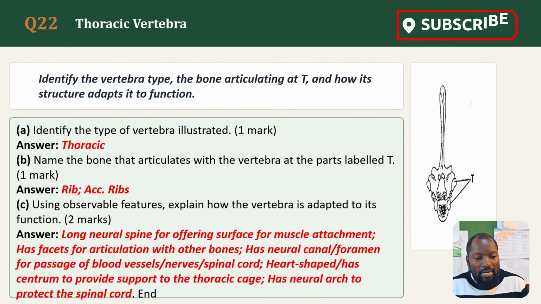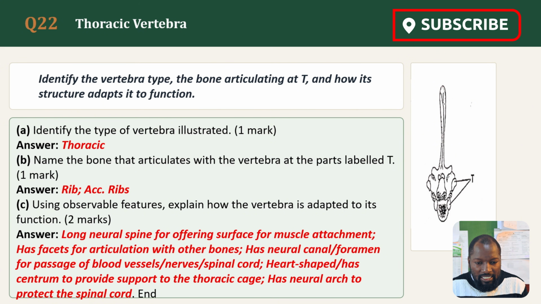Now, question C. Using observable features, explain how the vertebra is adapted to its function. Looking at that vertebra, number one, it has a very long neurospine, and the neurospine offers surface for muscle attachment. We look at it carefully, it also has facets for articulation with other bones.